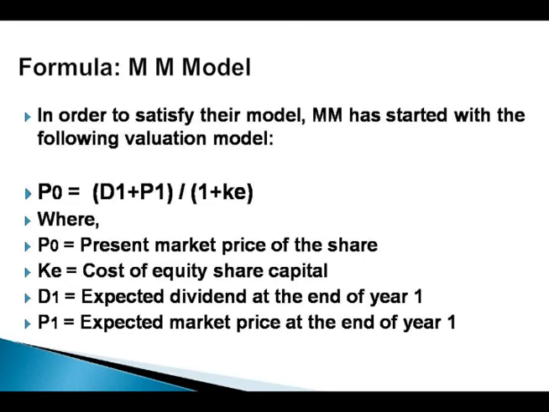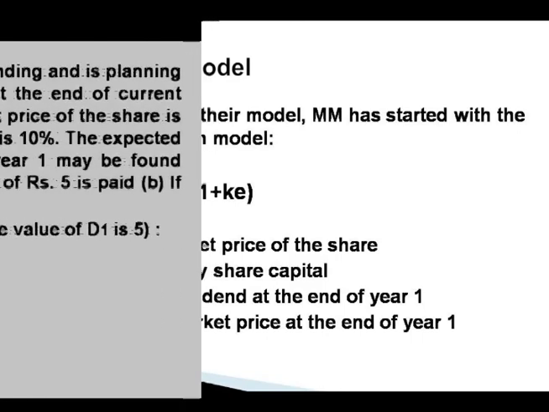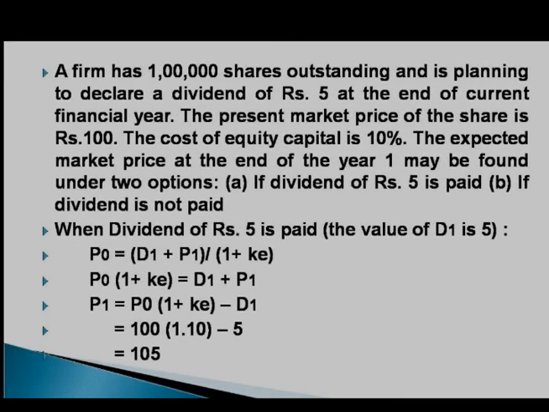Now we will solve one simple numerical based on this MM model. Here is the example. A firm has 1 lakh shares outstanding and is planning to declare a dividend of rupees 5 at the end of the current financial year. The current market price of a share is rupees 100, cost of equity 10%.